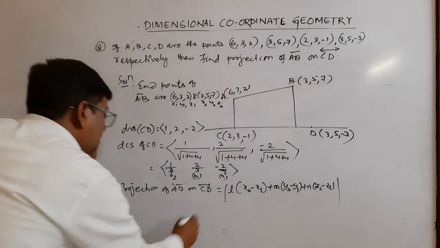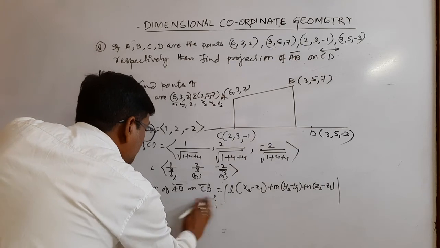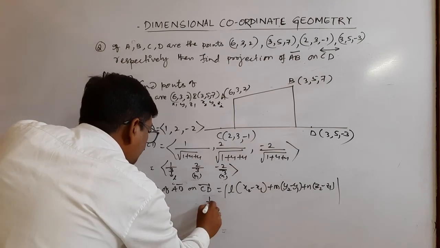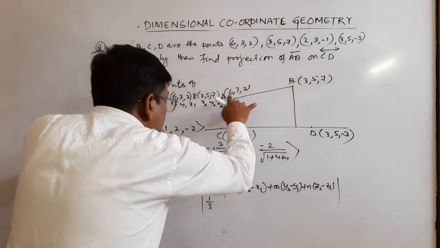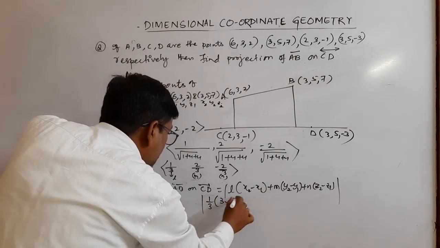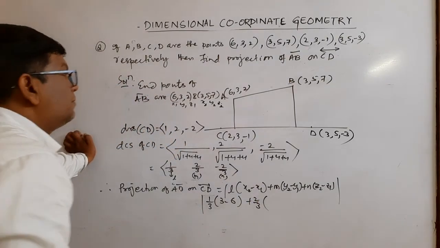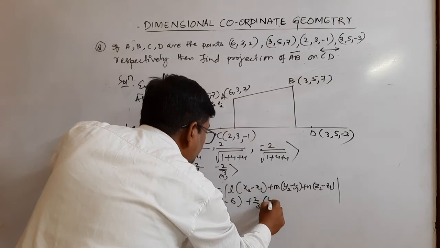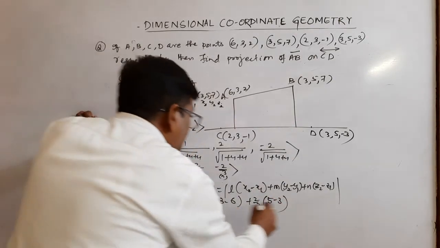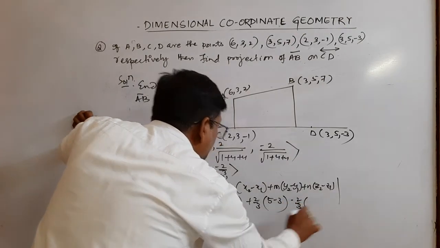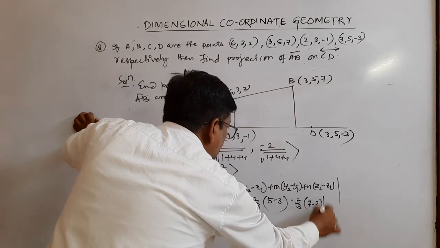L means 1 by 3. So mode of 1 by 3 into x2 minus x1, which is 3 minus 6, plus 2 by 3 into 5 minus 3, plus n, which is minus 2 by 3, into 7 minus 2, mode.